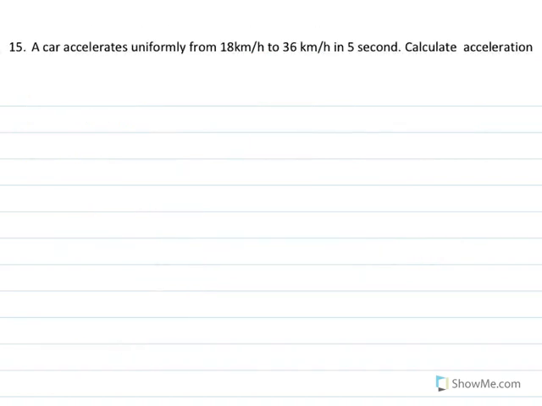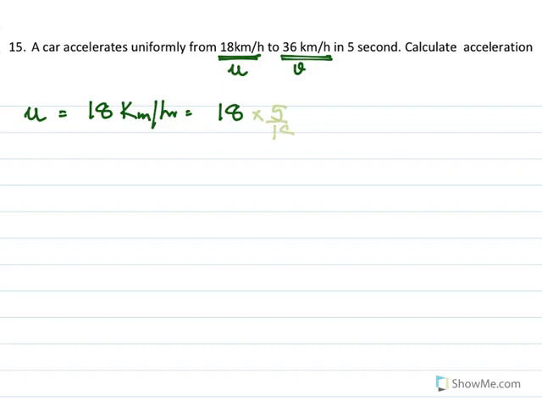A car accelerates uniformly from 18 kilometer per hour to 36 kilometer per hour. So this is initial, final. So initial 18 kilometer per hour, to make it meter per second, 5 by 18.